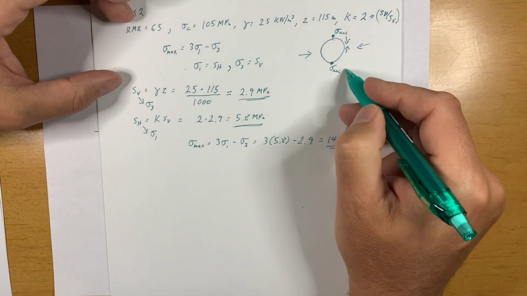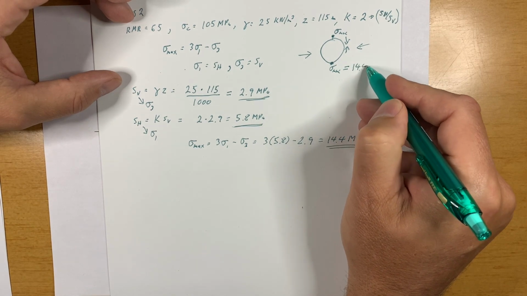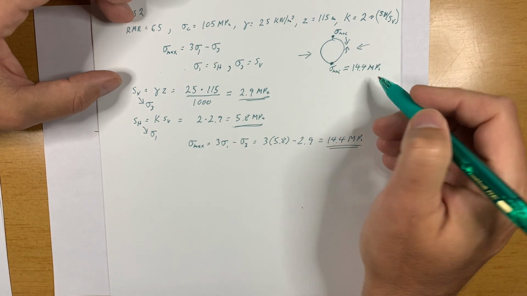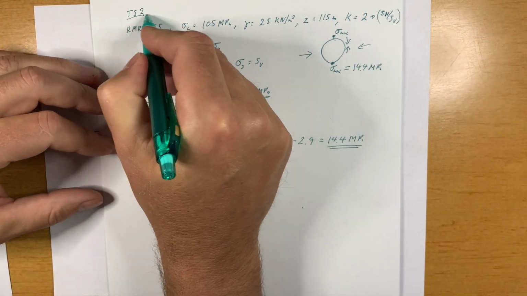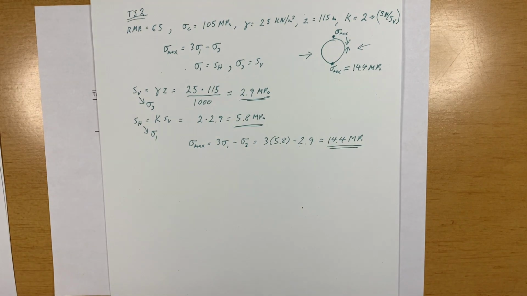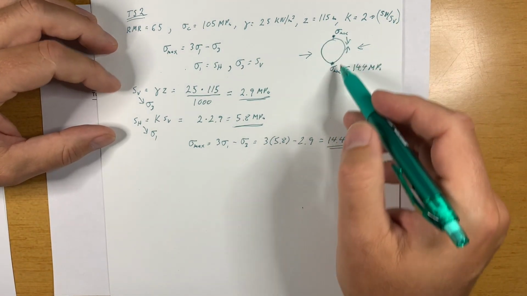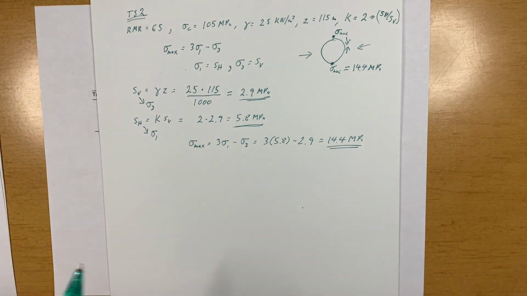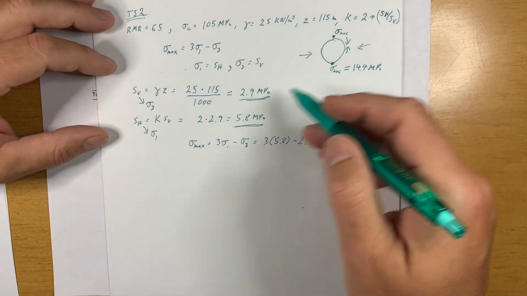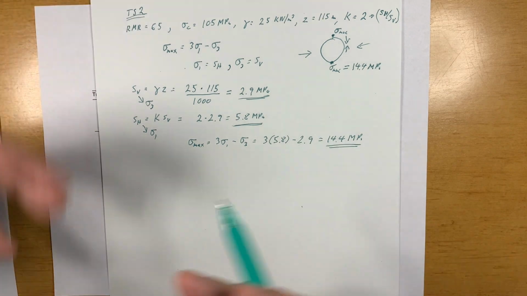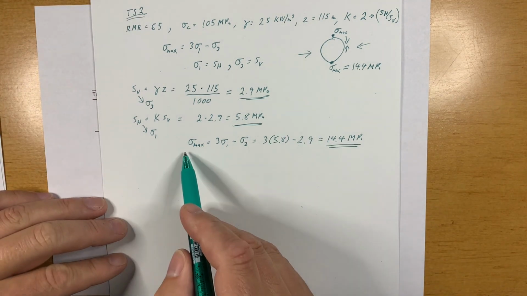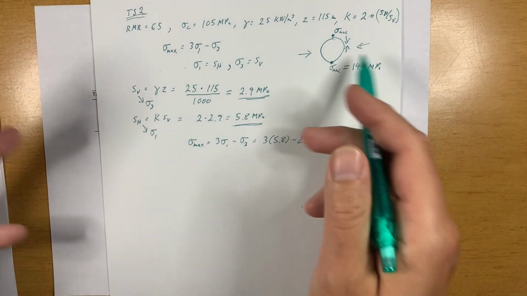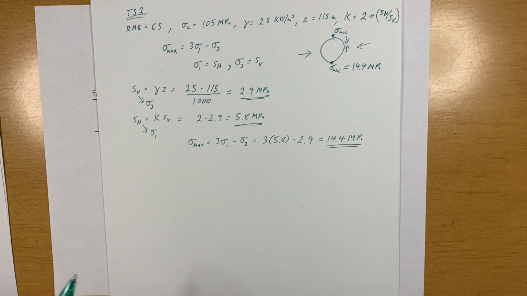So sigma max is 14.4 MPa for TS2 under these conditions, and again, it's just assuming perfectly elastic behavior around a circle. Even though our tunnel might be horseshoe shaped, or another shape, and it might have plasticity, this is the calculation we come up with as an estimate of the maximum stress under simplified conditions so that we can compare it with the strength and use it in our mode of failure chart.